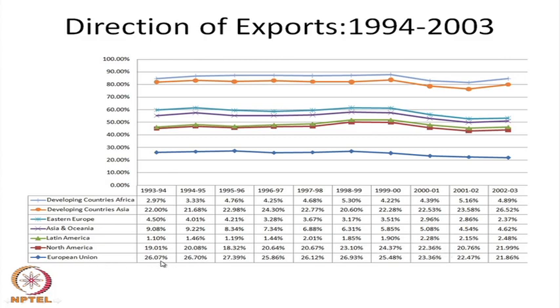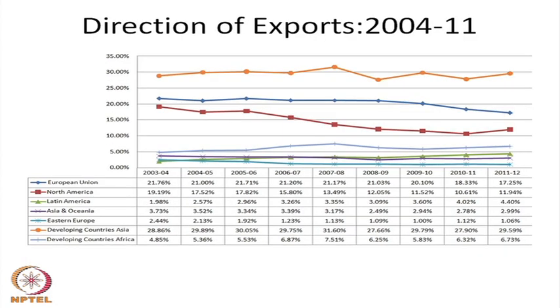And the European Union, particularly the 12 major countries of Europe, are now the major trade partners for India. So the European Union, North America, developing Asia and developing Africa are where the direction of our export is more toward, and they are now the major partners of our trade.